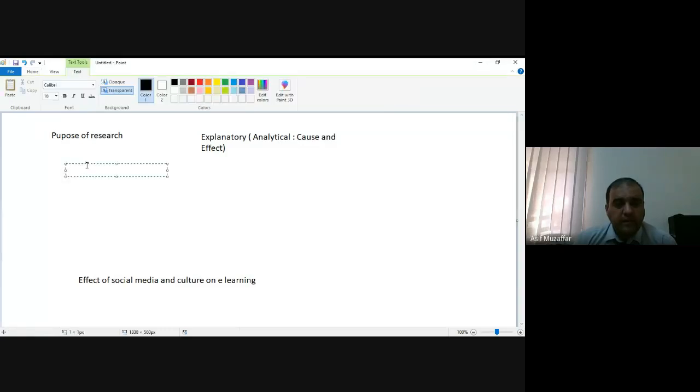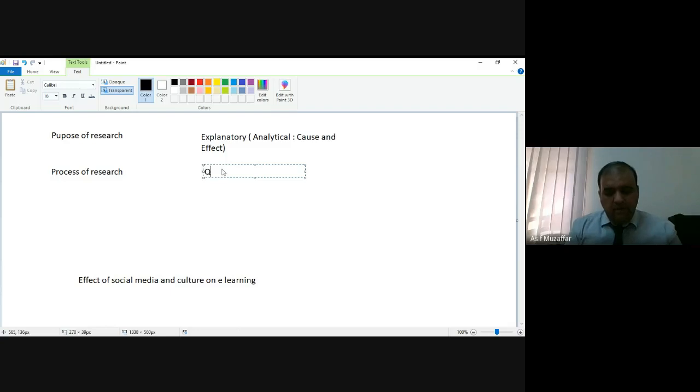Now the second thing, the process of research. Of course, if it is explanatory research, the process of research will always be quantitative. You will always collect quantitative data.